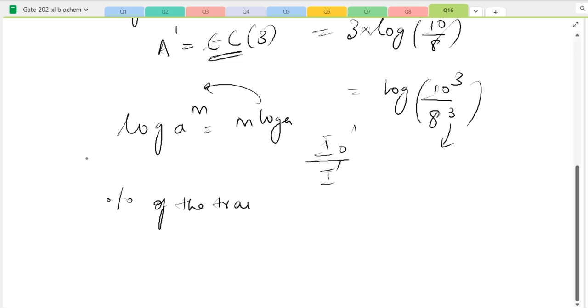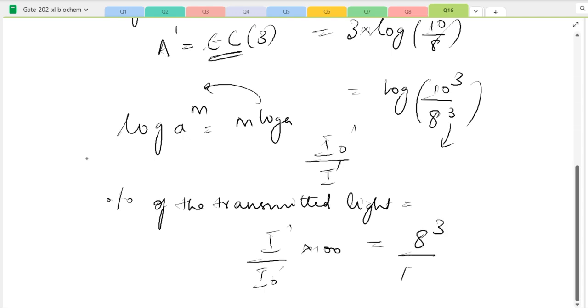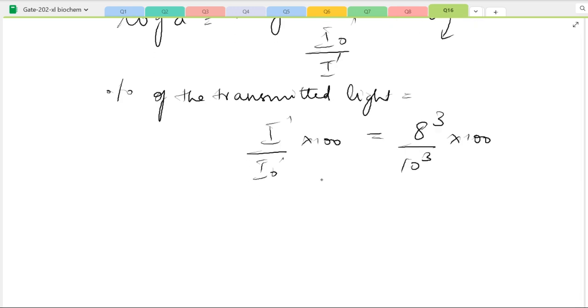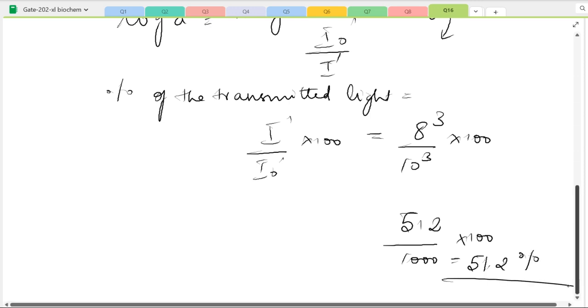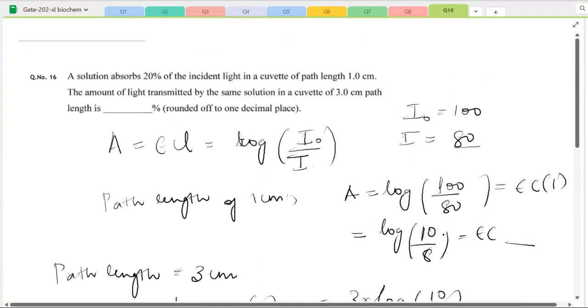The percentage of transmitted light is equal to I prime by I naught prime into 100. So that will be 8 cube by 10 cube into 100. 8 cube is 512, 512 by 1000 into 100, which is 51.2%. Therefore, the percentage of the transmitted light is going to be 51.2% if the path length is 3 centimeter.